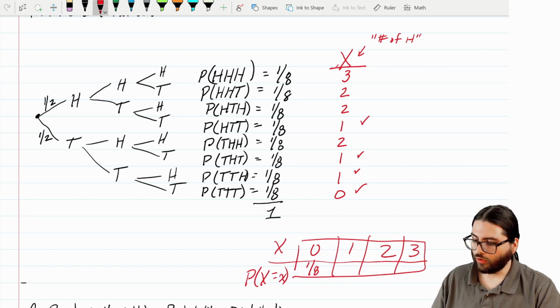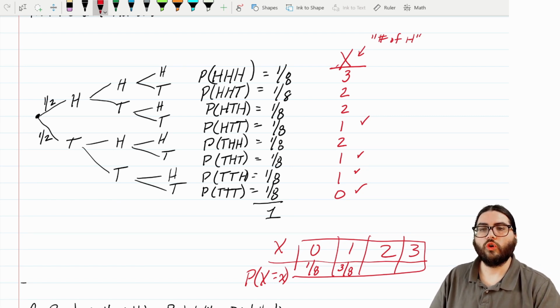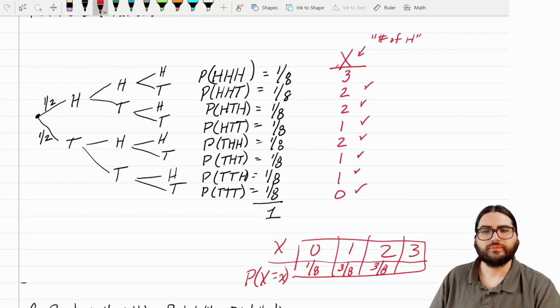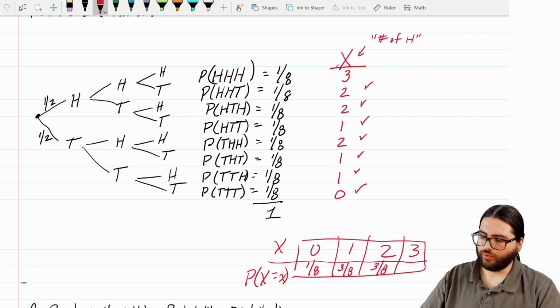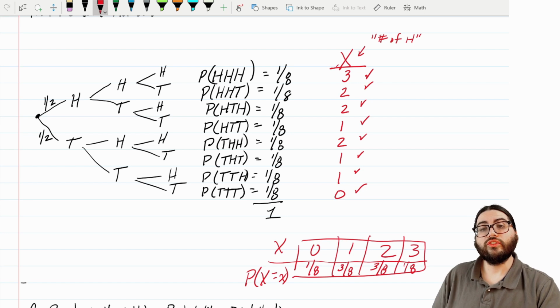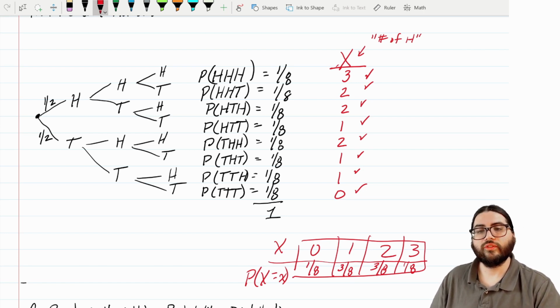Each one of them is 1/8. So that would be 3/8 likely in total for all 3. Okay, how many are assigned to the number 2? 1, 2, 3 outcomes. So that's 3/8 likely. And the number 3 is 1/8 likely.